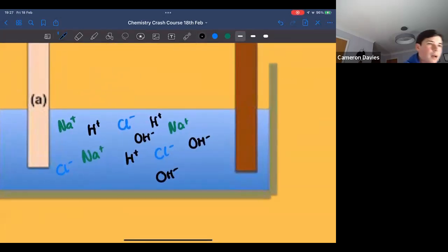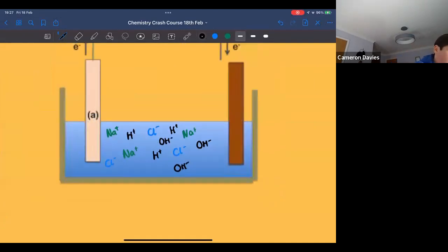One thing we might want to do quickly is label what we've got: the anode and the cathode. Something I recommend, if you're ever dealing with a question where it's not been labeled for you already, is to label it so that you know what you're dealing with, because otherwise it might be difficult to work out where everything's going later.